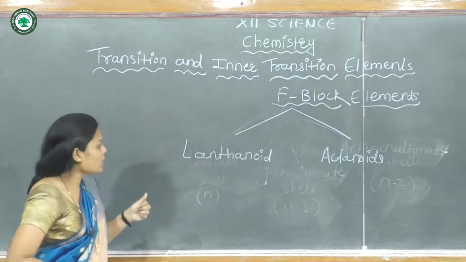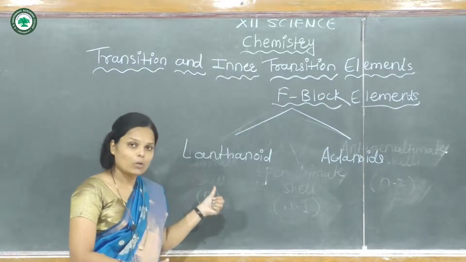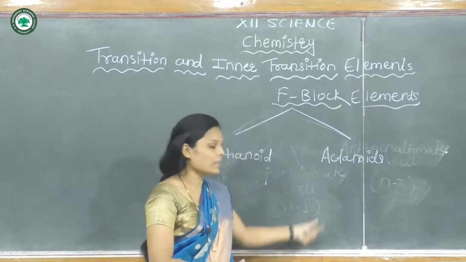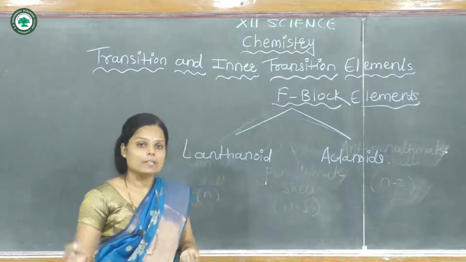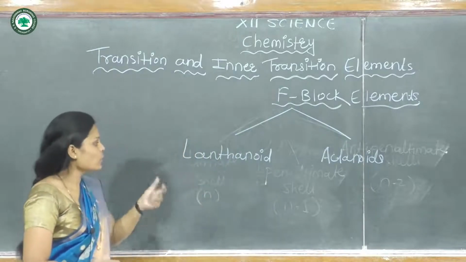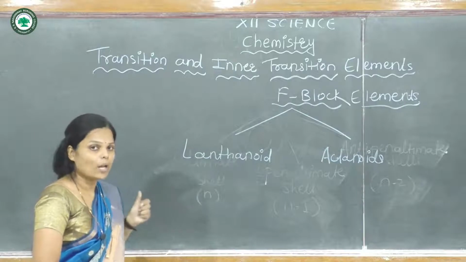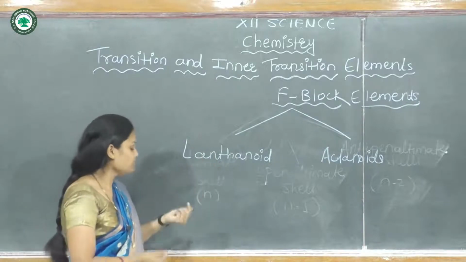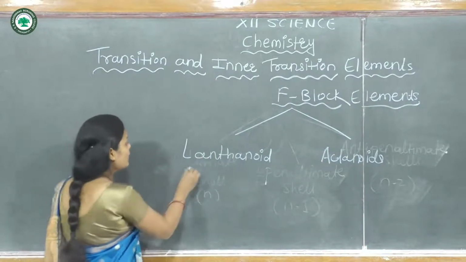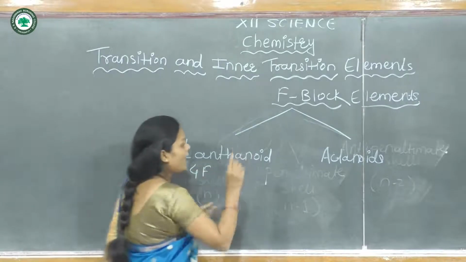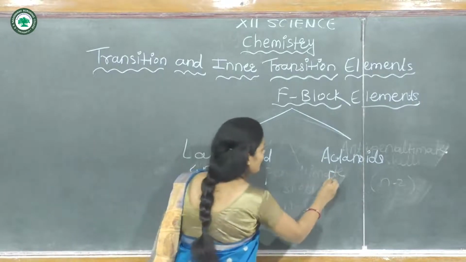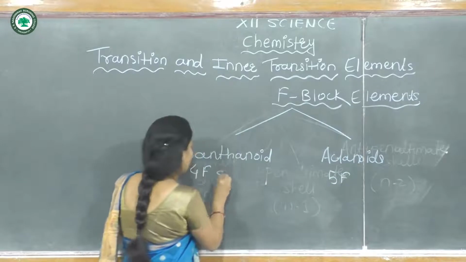We will discuss them in detail in our next syllabus. Lanthanoids belong to the 4f series, and actinoids belong to the 5f series.